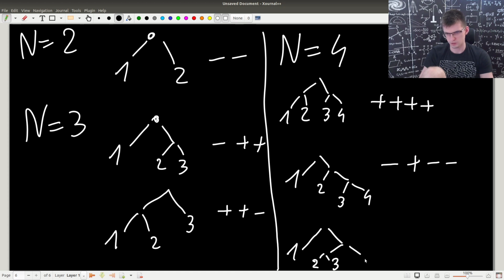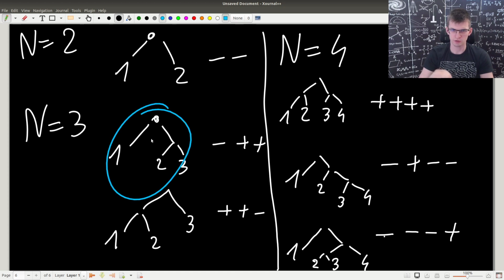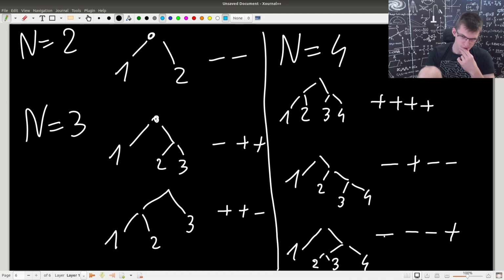Two and 3 and a 4. This is minus, minus, minus, plus. Basically, with one on the left, it's minus, and then one of those flipped. This corresponds to that, because this drawing is the same as this drawing. And there are possibilities where one isn't just a leaf, the only left child of the root.